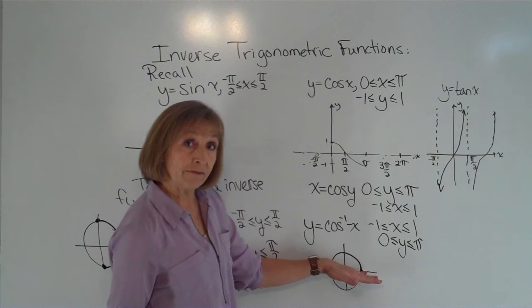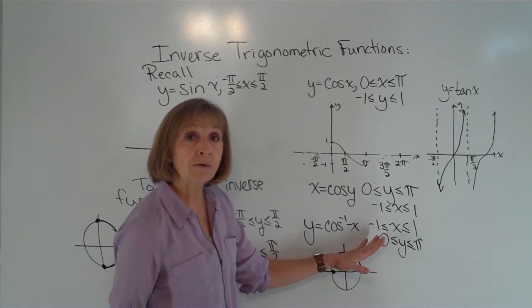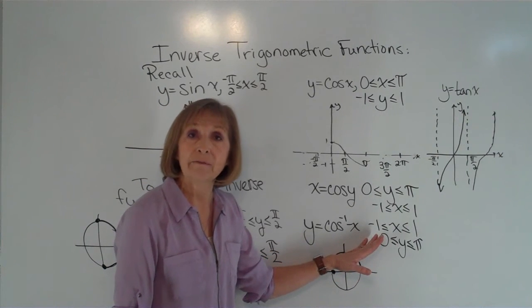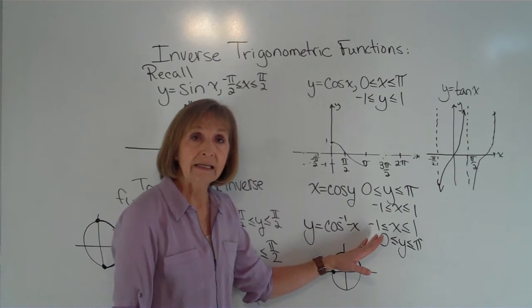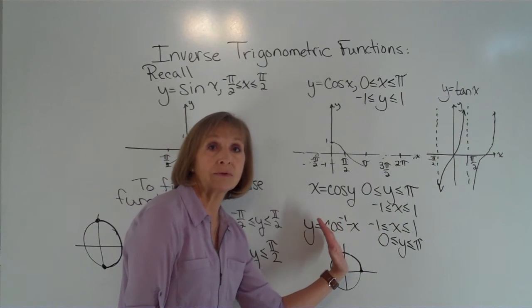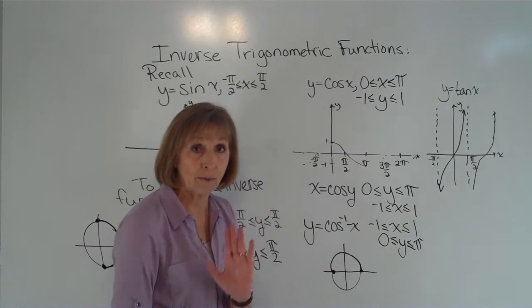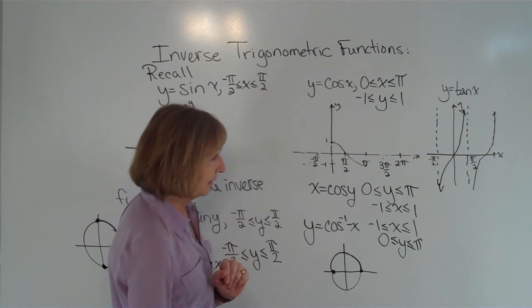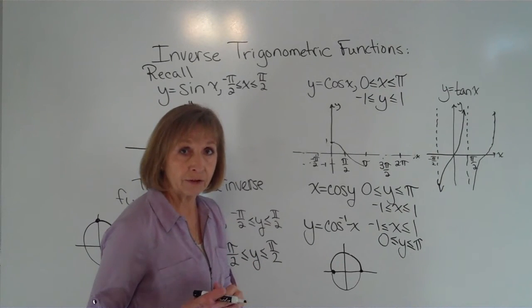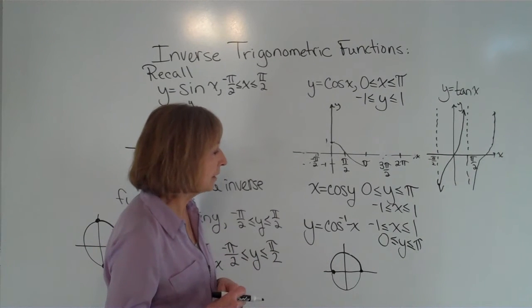So if I take the inverse cosine of a positive ratio, I will have an angle that I give back in the first quadrant. But if I'm working on an inverse cosine of a negative ratio, I'll give my angle back in the second quadrant. And then always remember about your reference angles to be able to give those back out appropriately.